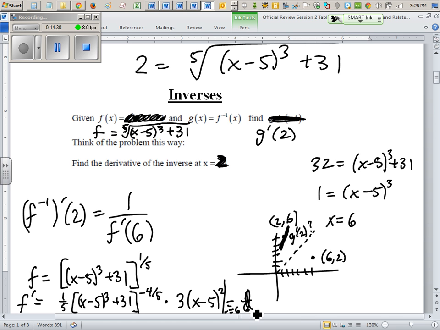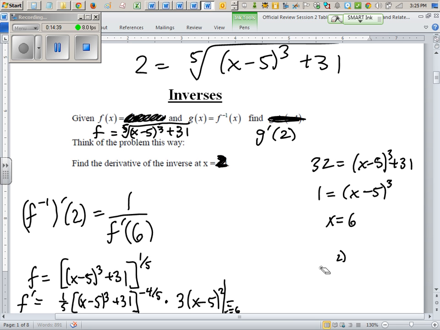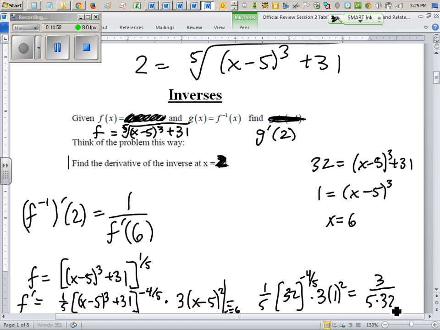So you're going to plug in 6, and you're going to get 1/5 times 32 to the negative 4/5 times 3 times 1 squared. So you end up with a 3 on top, a 5 on the bottom, and a 32 to the 4/5 on the bottom.